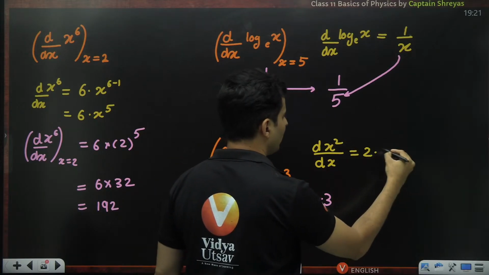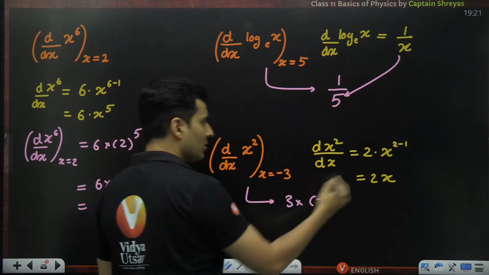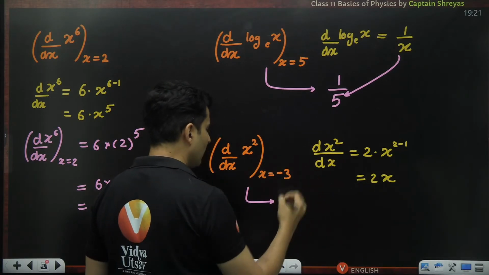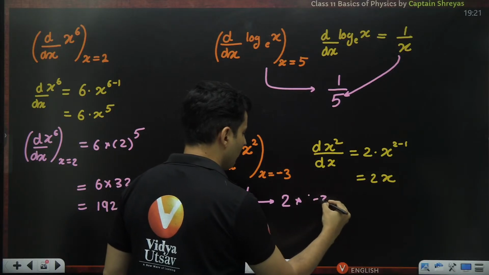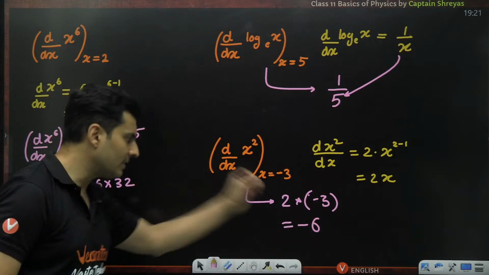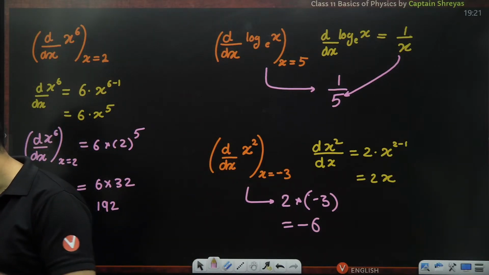So this will become 2 multiplied by x raised to 2 minus 1, so it will be just 2 into x. Hence this particular answer will be 2 multiplied by minus 3, which is minus 6. So minus 6 is the answer for this.